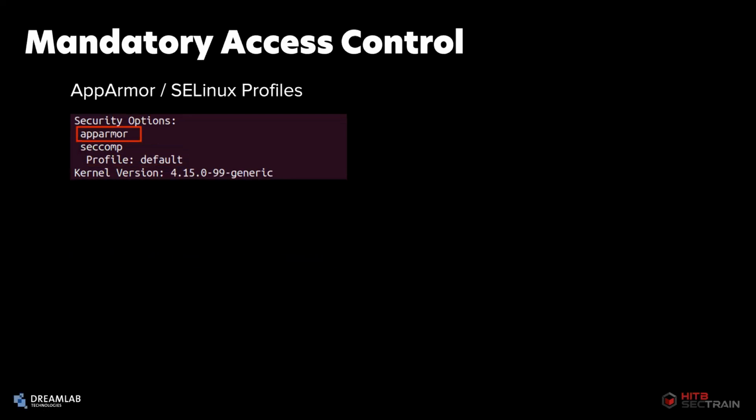Okay, well, Docker also supports mandatory access control through AppArmor or SELinux. These features help restrict, among other things, the ability of processes to access or perform certain operations on system objects. Again, there is a default profile that Docker uses, but we can create a custom one for our application.